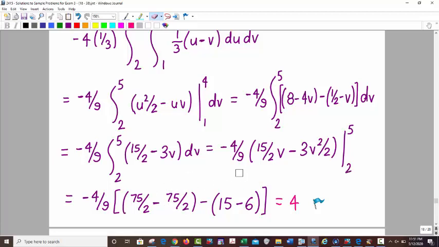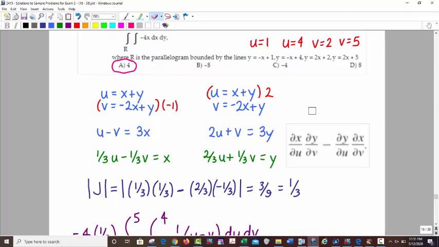Plug in 2, we'll end up getting 15 right here, and you'll get 6 right here, since 3 times 4 divided by 2 will give you 6. So -4 over 9 times -9 just turns out to be exactly 4. Just double check there, and there it is, answer A, 4.